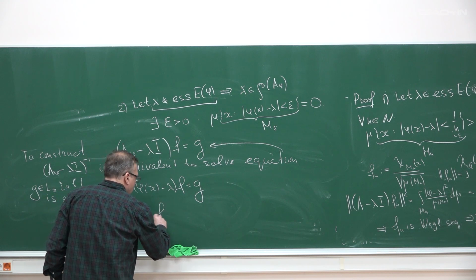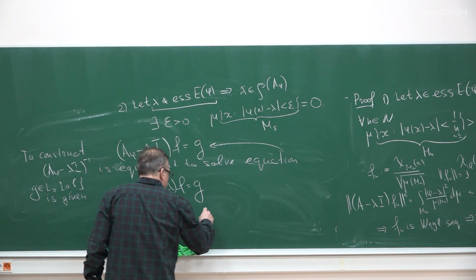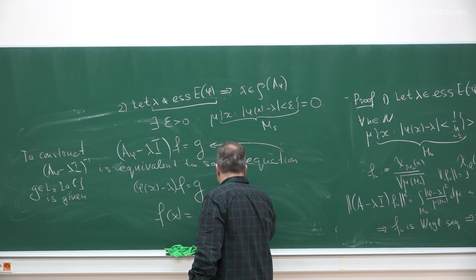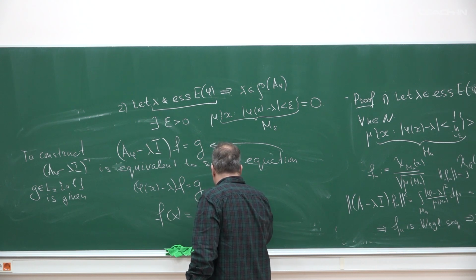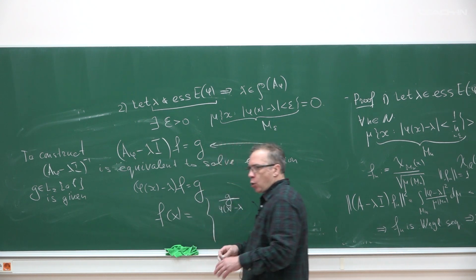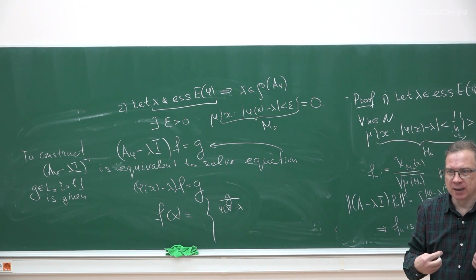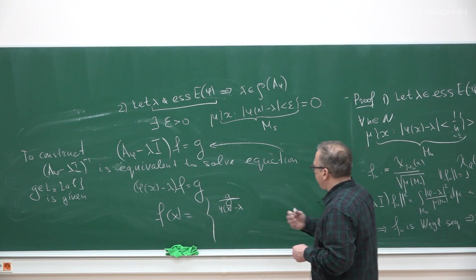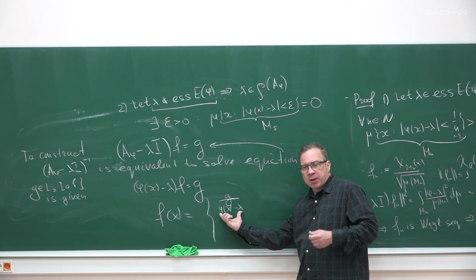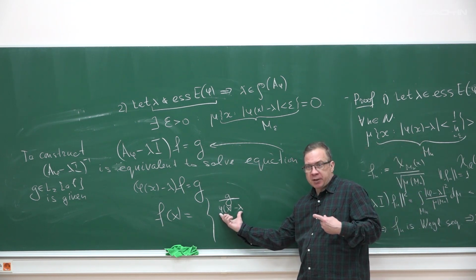Let's write division, but we just decide where, on what set we can divide and on what set we cannot divide. If this value of phi minus lambda is not small, you can divide.